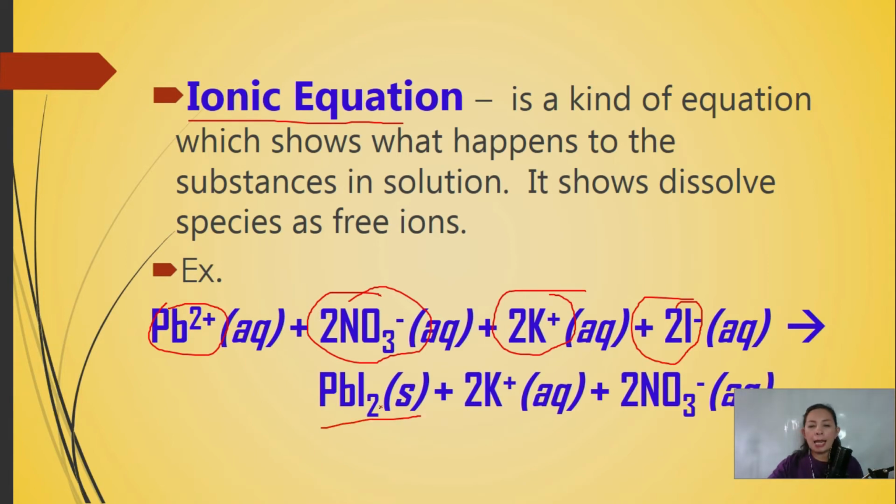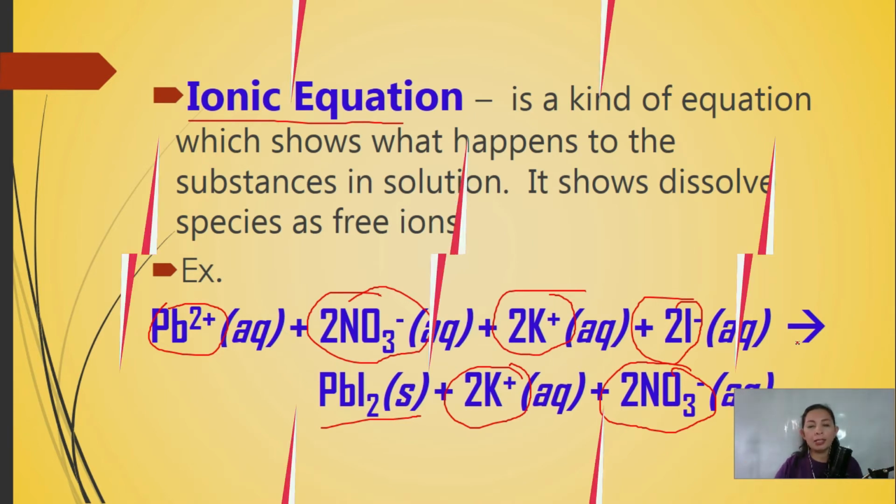Whereas lead(II) iodide is insoluble in water, so it will remain as a whole unit. While potassium nitrate, since it is soluble in water, will also be ionized into potassium ion and nitrate ion. So this is a class example of an ionic equation.